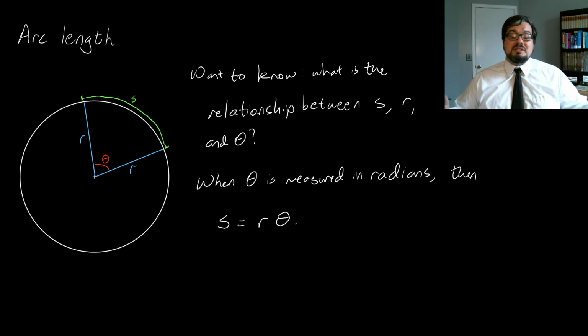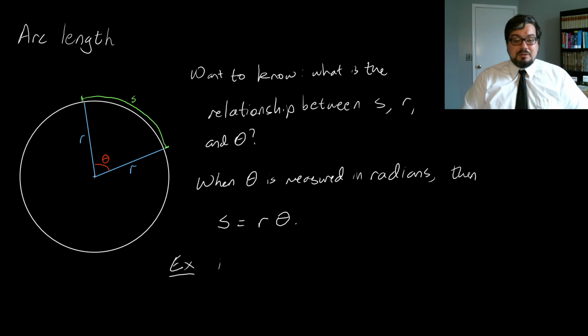You simply multiply the radius of the circle and the measure of this angle in radians, and that will give you the distance along the circle.